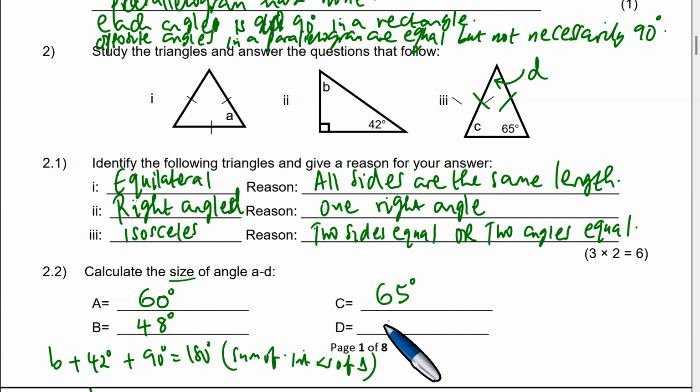Why? 65 plus 65 equals 130, plus 50 gives you 180. So that's 130 plus 50, which is 180. That's correct. Well done. Excellent. Next question.